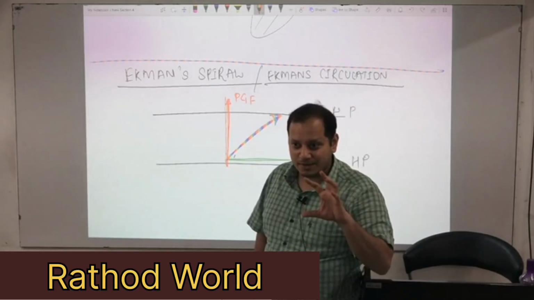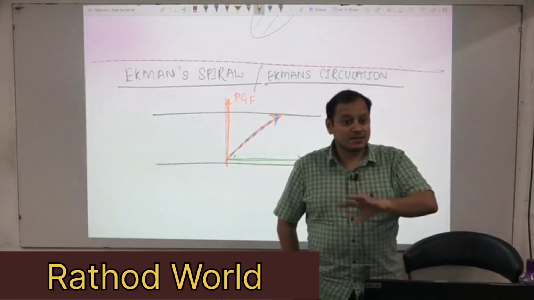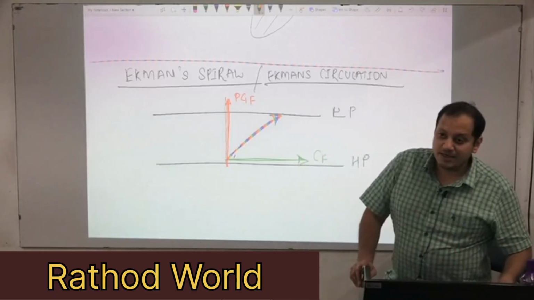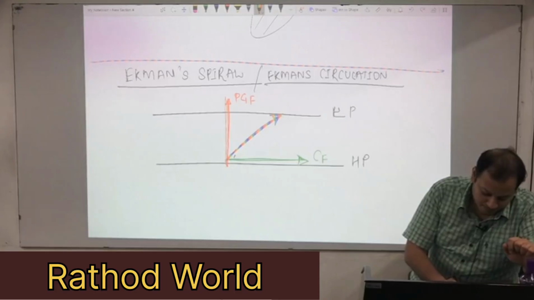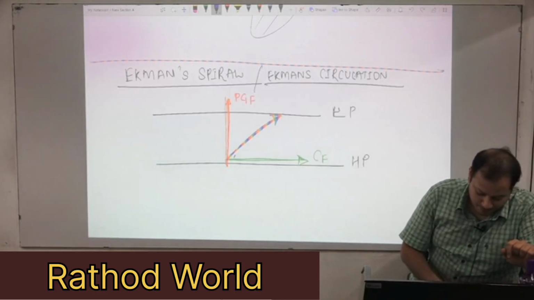And as a result of this, at some places, हमेशा नहीं, at some places generally ocean currents flow more or less perpendicular to the wind direction.